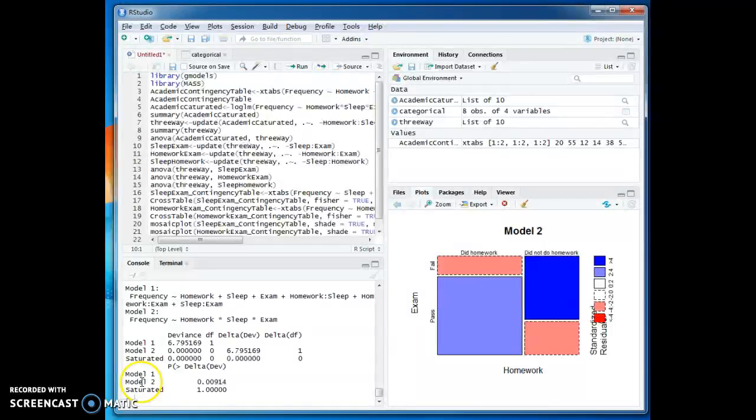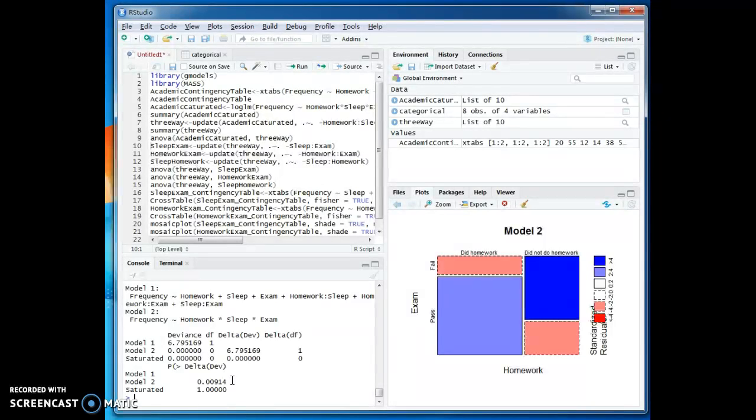As we can see right here, the p-value is less than 0.05, so it is significant. That means removing the three-way interaction made the model a worse fit for the data.